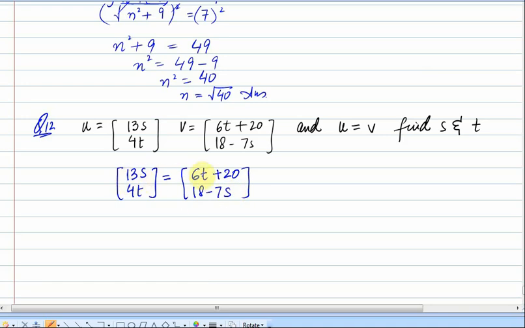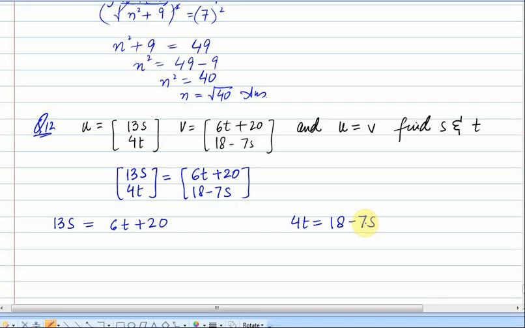Now you need to equate the first row. It's 13s is equal to 6t plus 2s, and when you equate the second row, 4t is equal to 18 minus 7s. Now we have a case of simultaneous equations, right? What method should we opt?